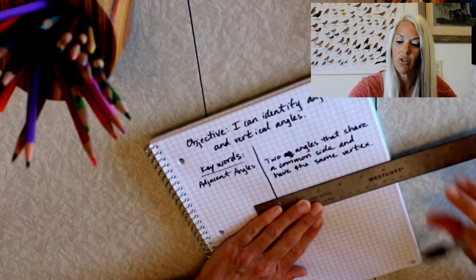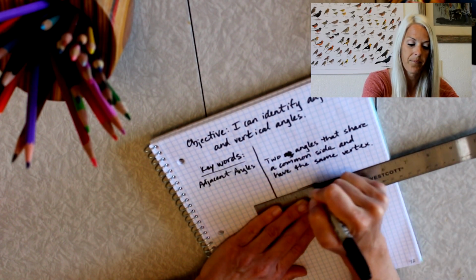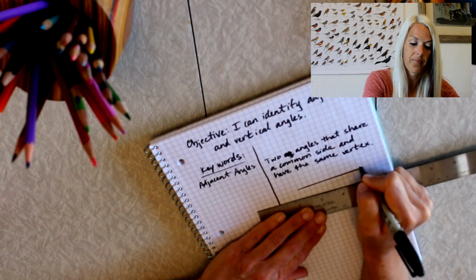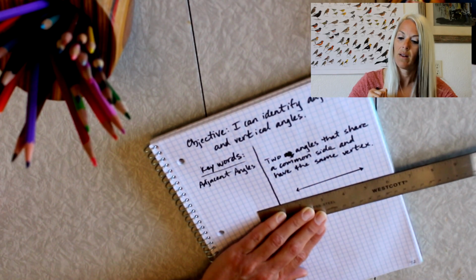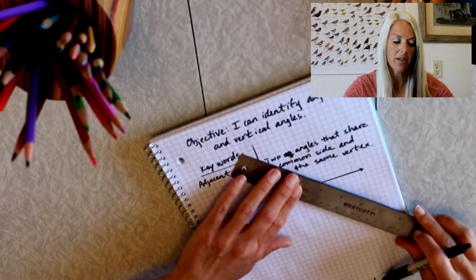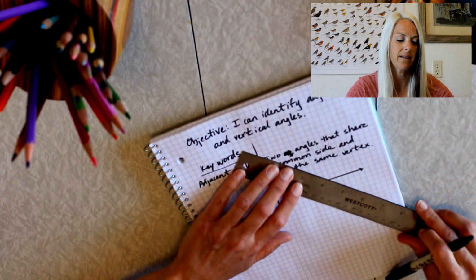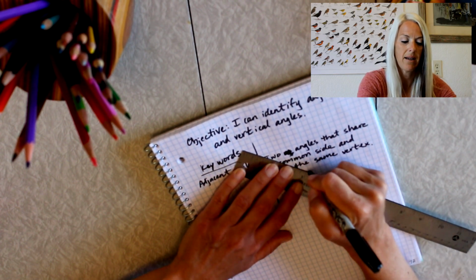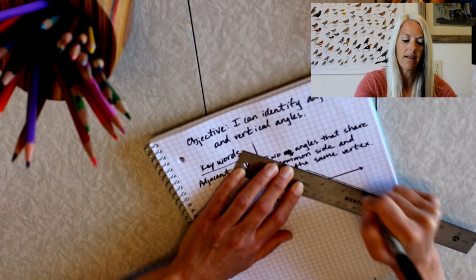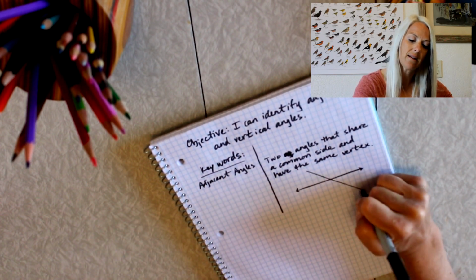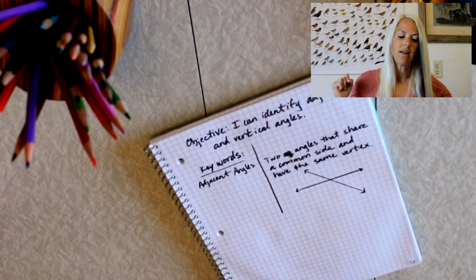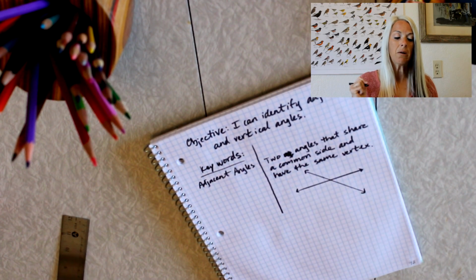So just do your best to draw a straight line. Like so, and then we're going to draw one, and it's not important necessarily the angle exactly at this time, about 45 degrees crossing that line.